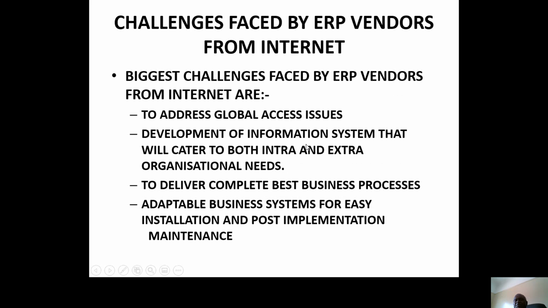Now the challenges faced by the ERP vendors. We have touched on part of it. Looking at the internet, they have a challenge. Why? Because to address global access issues, they must remain on the internet. Can they afford to develop information systems that will cater for both inside and outside the company, for customers and suppliers, so that we can call it an ERP?